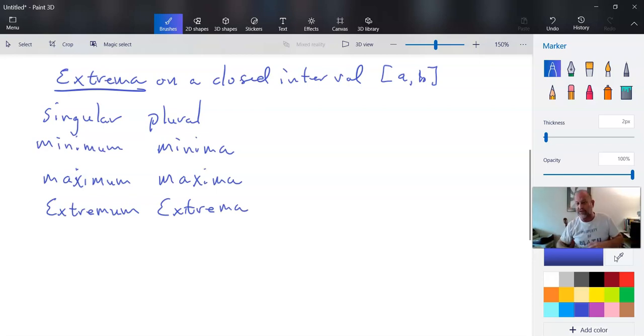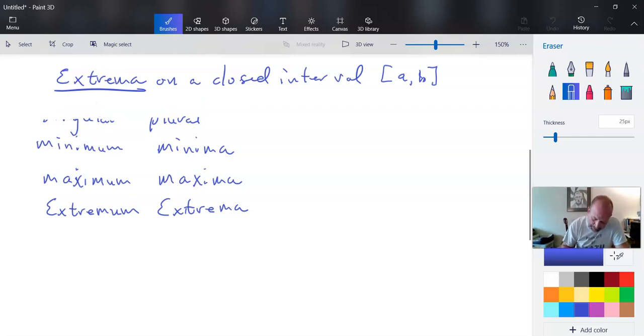And that's just so you understand, because I'm going to be using all of these words rather fluidly. I just want to make sure we understand that they really are the same words. Minima is just the plural. It just means more than one minimum.